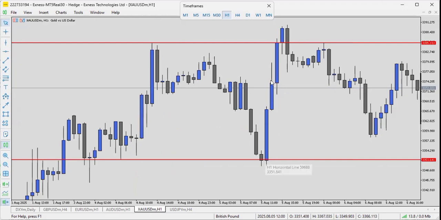And then at this point, I'm expecting that this is the resistance. Market should start selling. But known to me, there are market makers bent on getting me. And by this, I set my stop loss at this point. I set up my stop loss in order to enter sell.